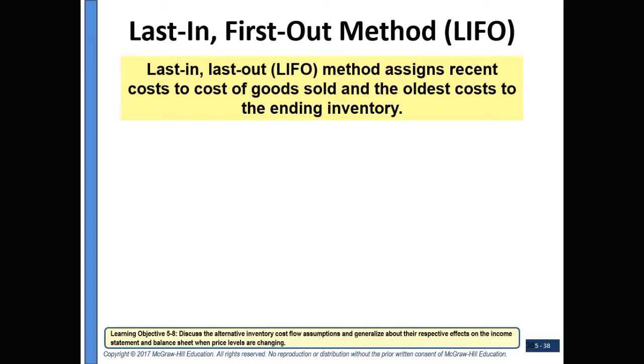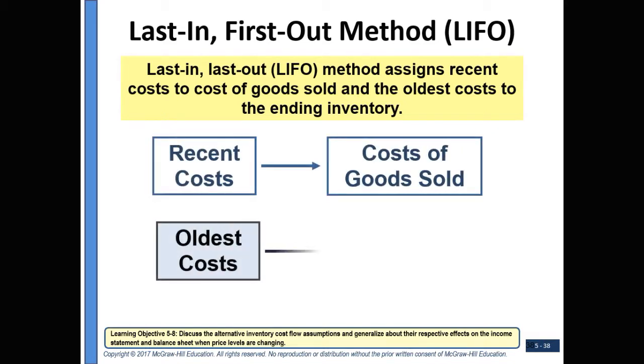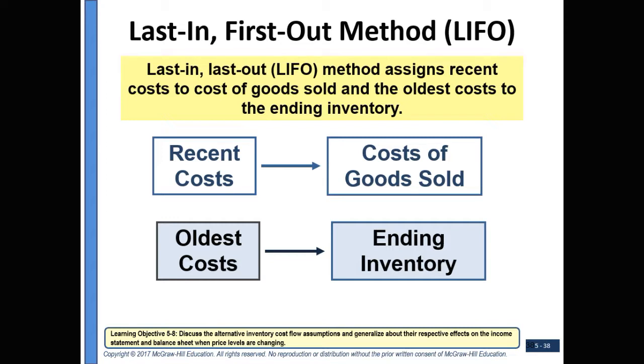Conversely, from first in, first out is last in, first out, which assigns recent costs to cost of goods sold and the oldest costs to ending inventory.